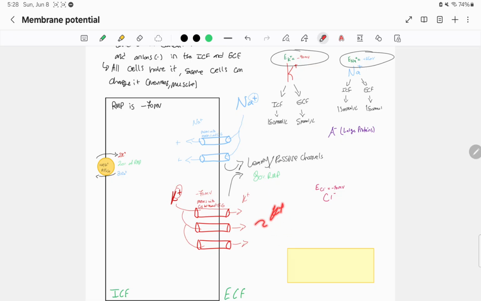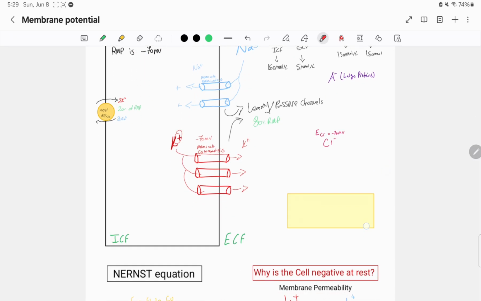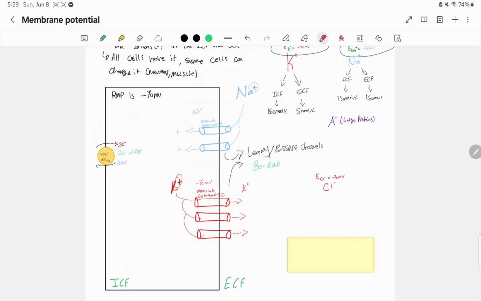Because potassium is so much more permeable, it drives the resting membrane potential closer to its own equilibrium potential. But because sodium also leaks in, and it's a positive charge, it'll counterbalance that a little bit and bring us to this midway point, if you will, between the two equilibrium potentials.